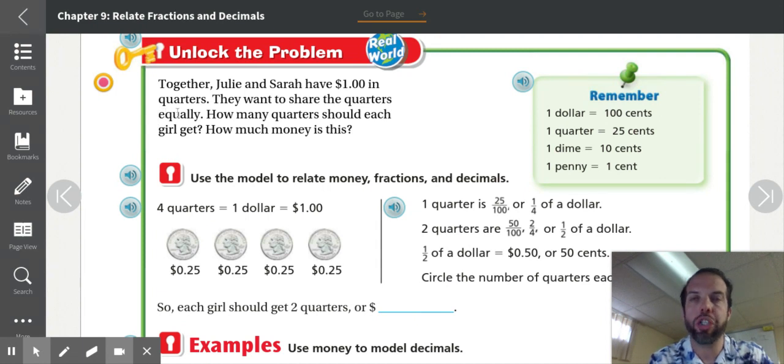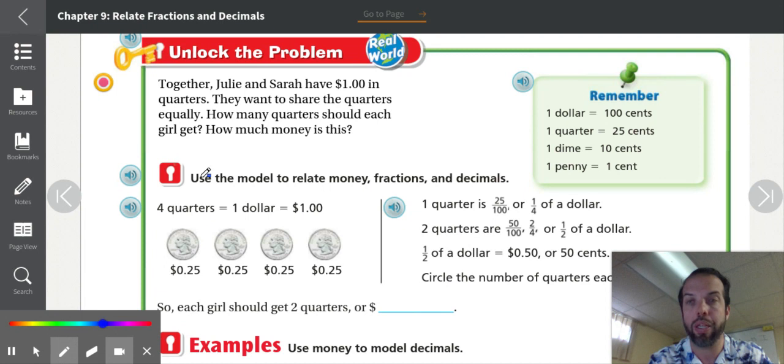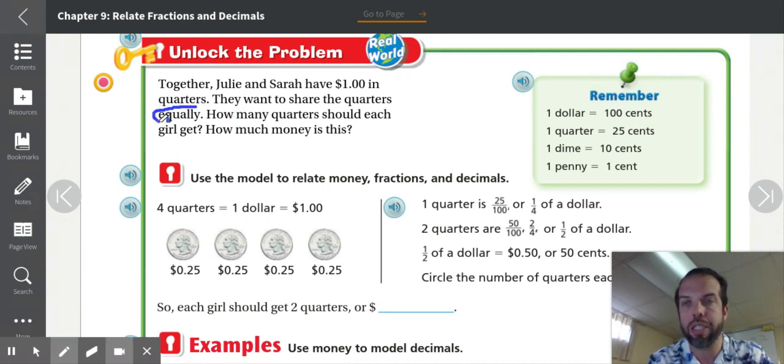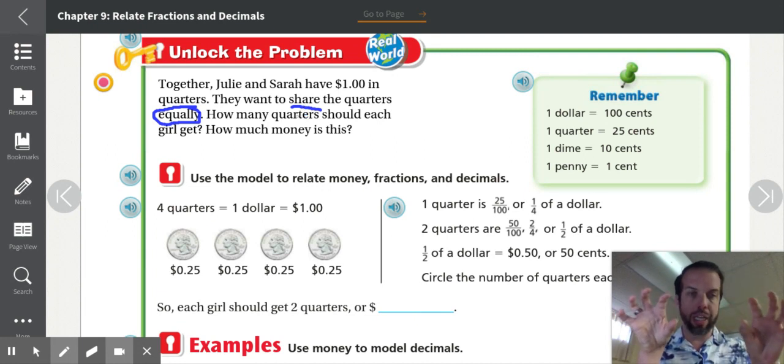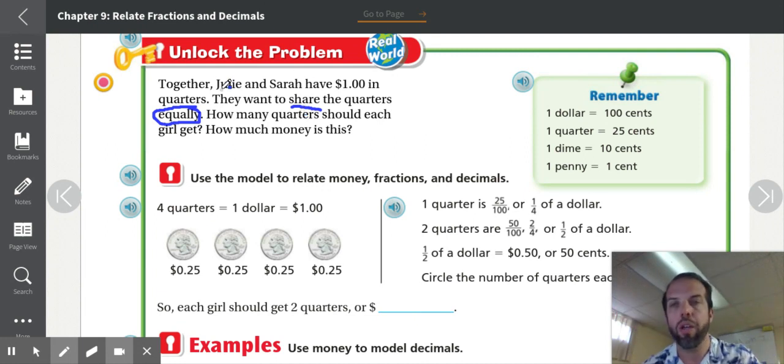They want to share the quarters equally. That's really important to know. All right, so that means both of these girls are going to have the same amount. All right, and they're going to share them. So that means one person's getting some, the other person's getting the other. How many people are there? There's 2 people. We got Julie and Sarah.